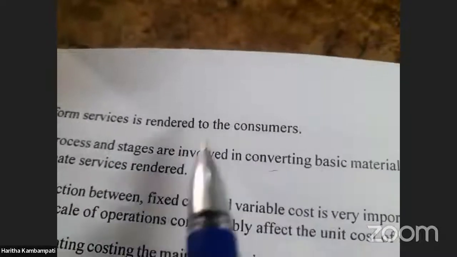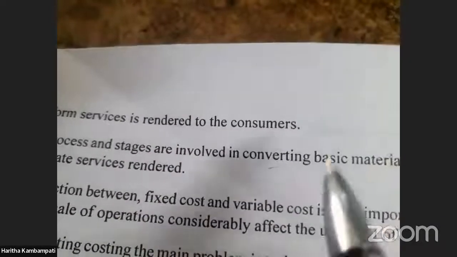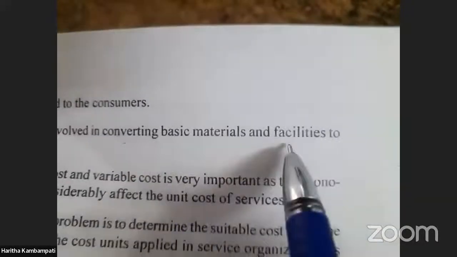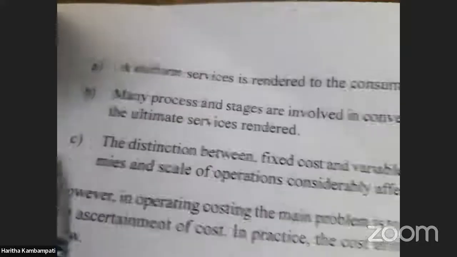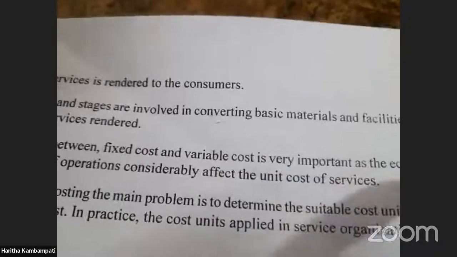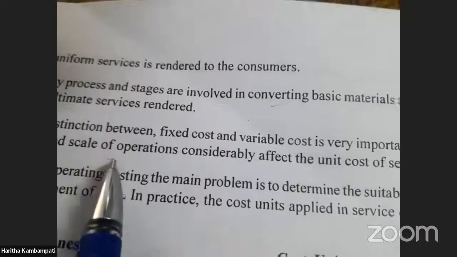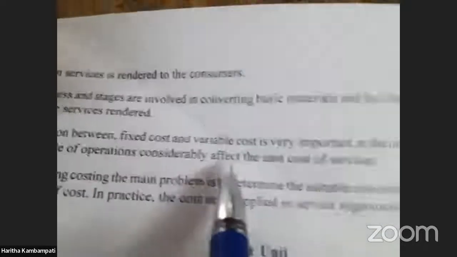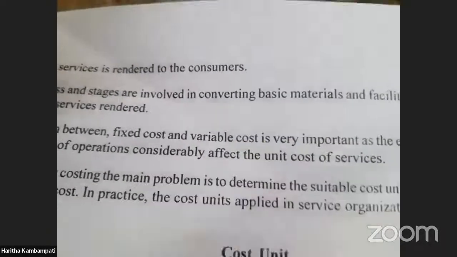This is applicable for every production-oriented company, and here also, it is applicable. This is the main feature. Here, the distinction between fixed and variable cost is very important because economies of scale of operations affect the unit cost of service.